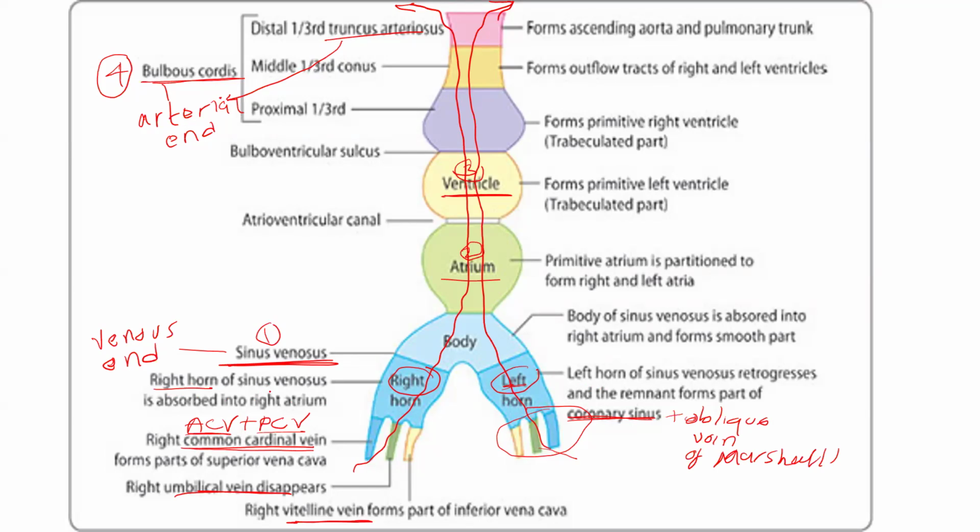The right horn of sinus venosus is incorporated into the right atrium and forms the sinus venarum. Now, the right common cardinal vein forms part of the superior vena cava, and the right vitelline vein forms part of the inferior vena cava. Okay, so you need those.